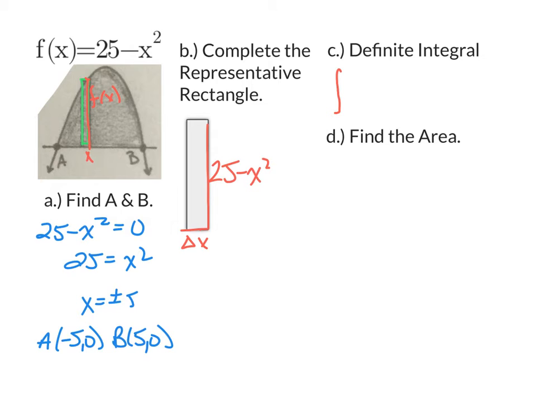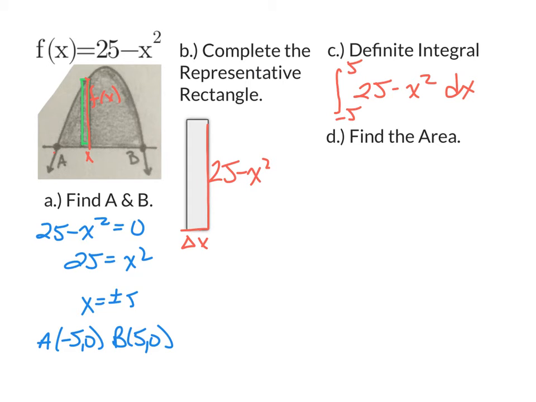The height is 25 minus x squared, and the base, delta x, when delta x gets infinitesimally small, turns into the differential dx. We're going to take all these rectangles from a to b. So the x-coordinate at a is negative 5, and at b is positive 5.